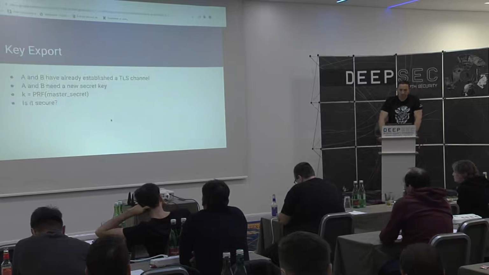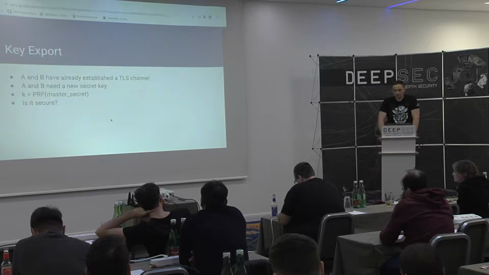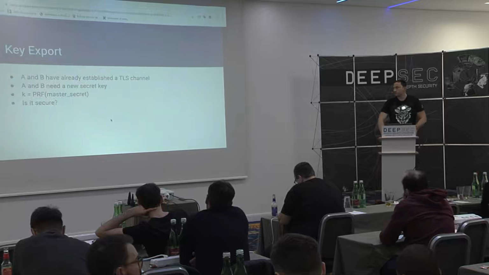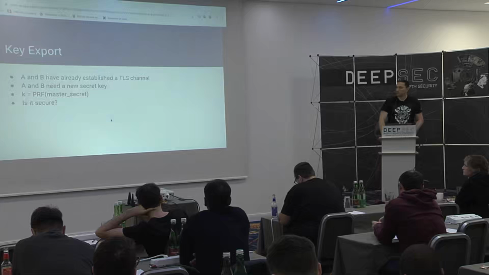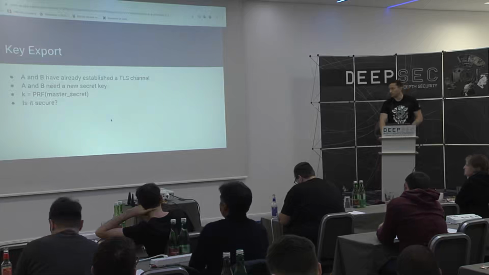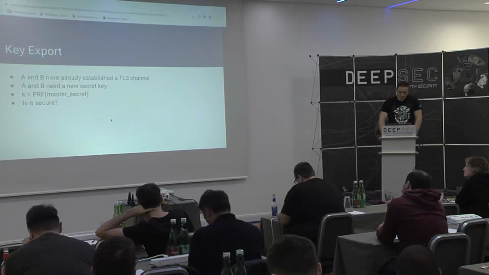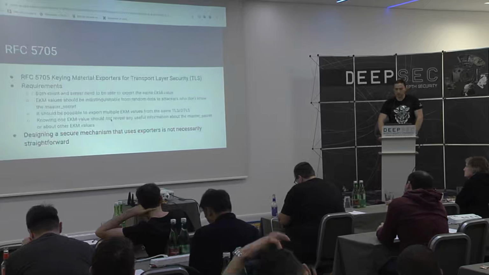The basic idea is that if 2 parties have already established a TLS channel, then they can derive new keys using TLS parameters. The basic idea is to use a PRF function computed on the master secret. And the question is: is it secure or not?